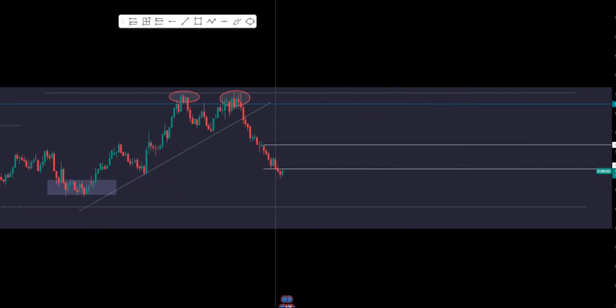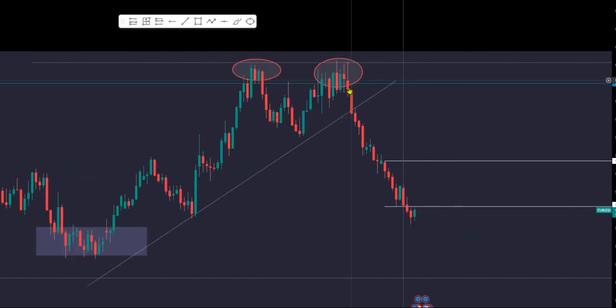Okay, and price started to head down. When I saw this candle right here, I said to myself, yeah, now it's time to be bearish, but let's wait for the price to break this higher low.